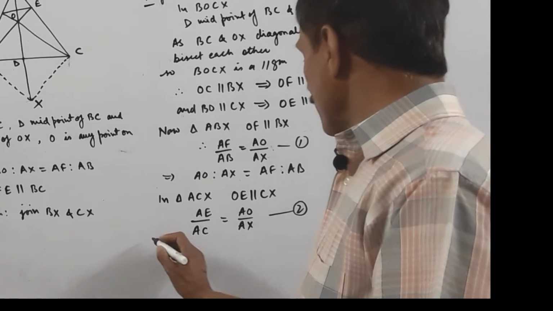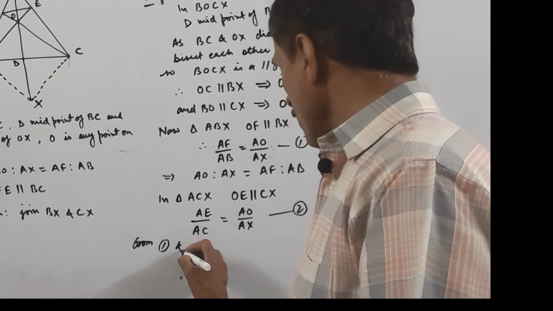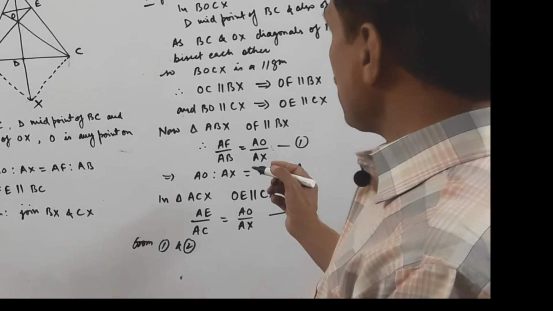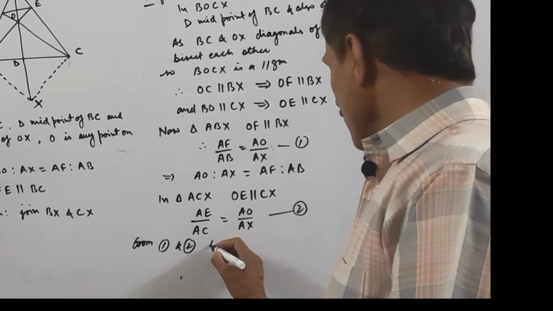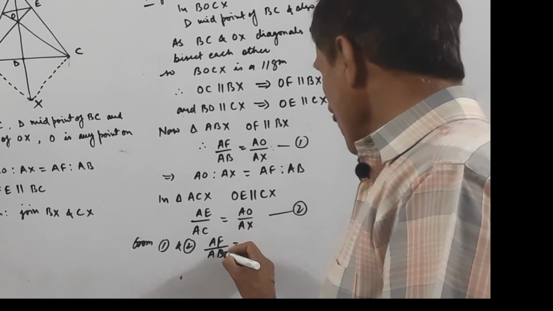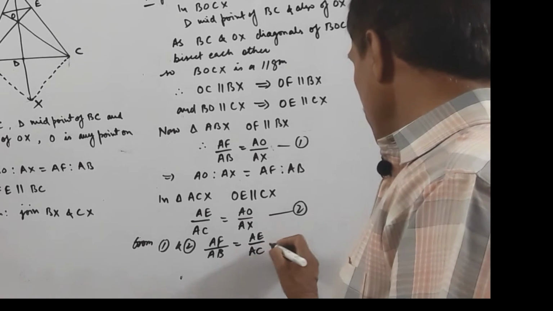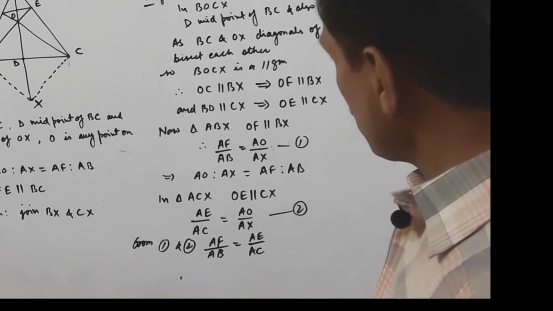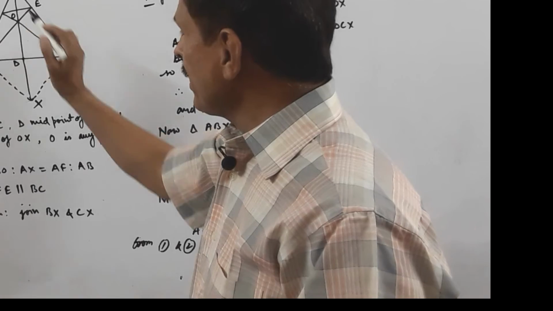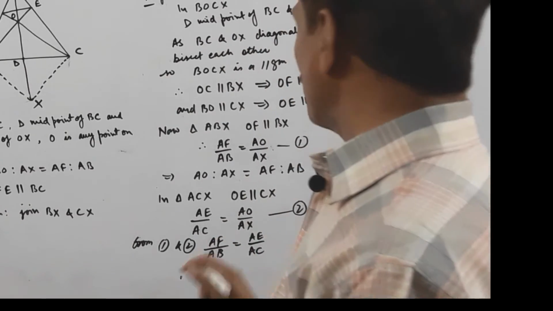From 1 and 2, we can say that AF upon AB is equal to AE upon AC. Thus, in triangle ABC, this FE divides the sides AB and AC in the same ratio.